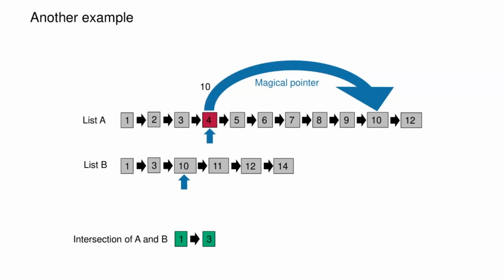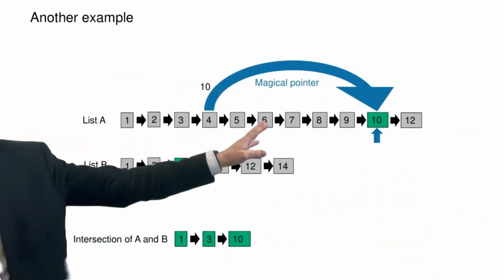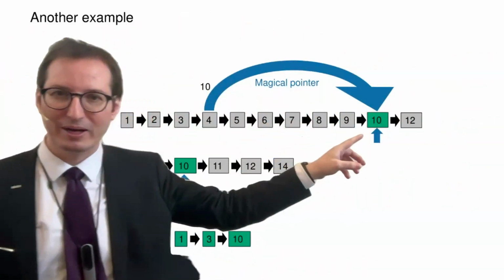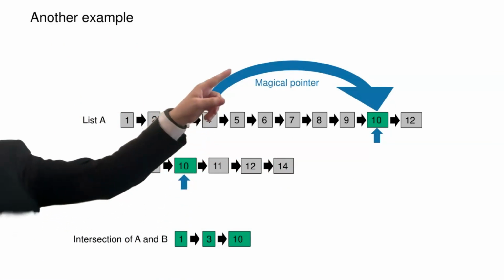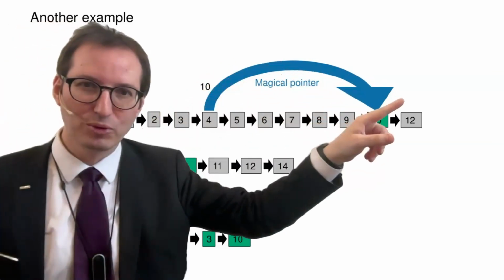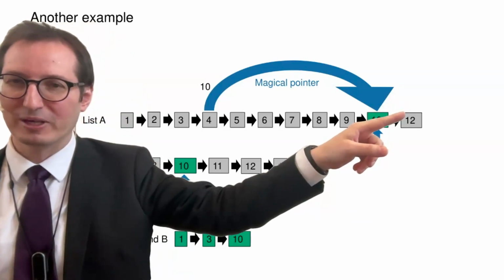And so some people had the idea of a trick to add pointers that we call skip pointers, which are like magical highways that directly take you to some of the postings a little bit in the future. And here is an example where if you are right here at pointer number 4, you can cross all the way to pointer number 10, to document number 10.